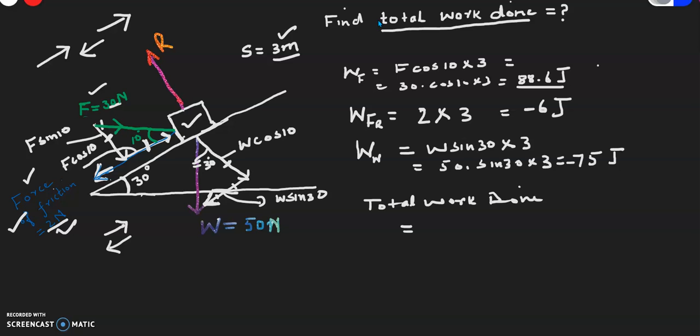The first work done is 88.6 joules, and then we need to add minus 6 and then minus 75, and you will get 7.65 joules. So this is the total work done by all the forces.